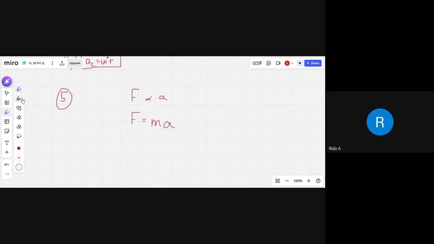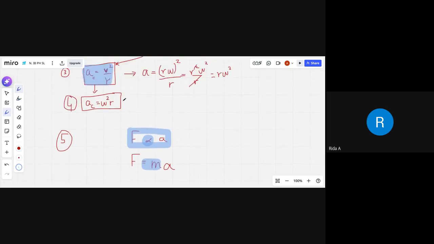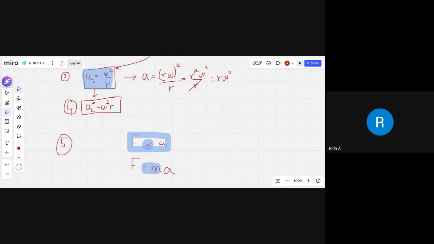Basically, this is just Newton's second law, which says that force is proportional to acceleration, and to remove the sign of proportionality, you need to introduce a constant. To turn this proportionality into an equal sign, you introduce a constant, and that constant in this equation is your mass. And simply, you can plug in either of these two acceleration formulas to get your centripetal force formula.